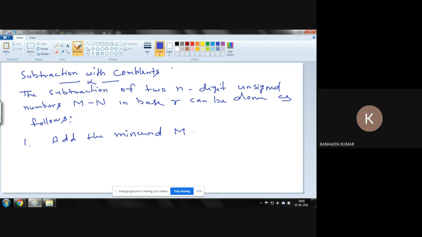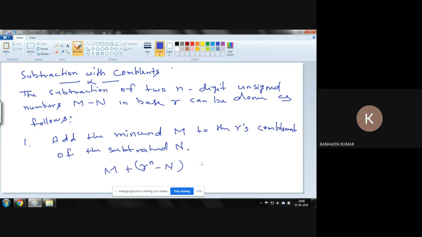So m to the r's complement of the subtrahend n. Mathematically you can write it as m plus r to the power n minus n.